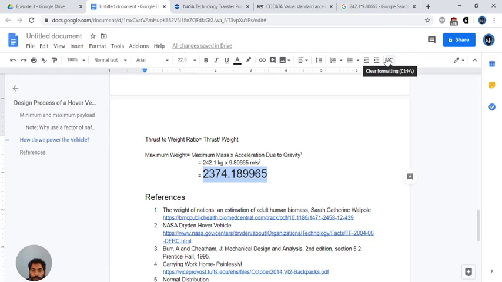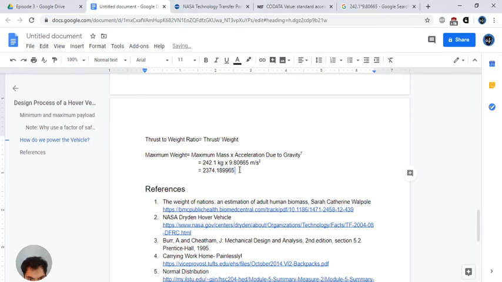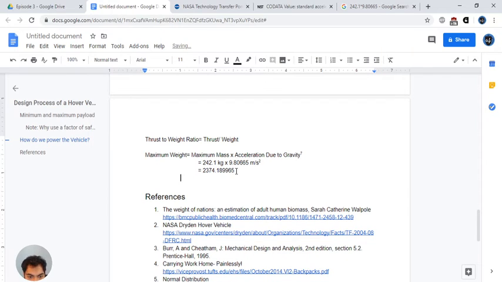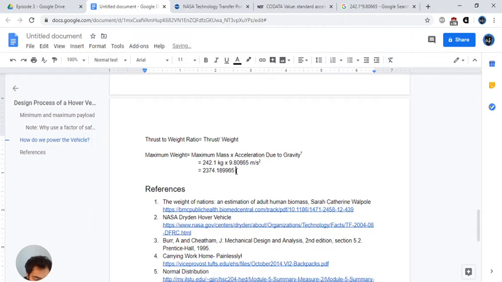And this is going to be that, 2,375, which is almost 2,375 Newton.